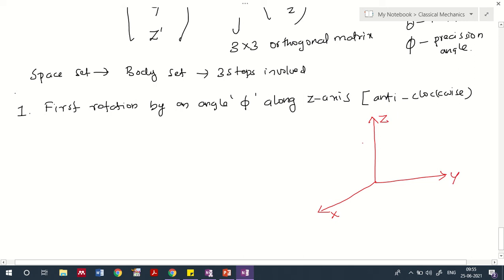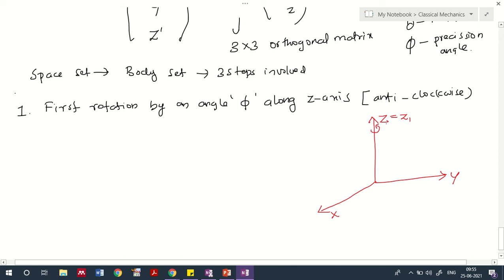Now we are rotating by an angle phi along the z axis, in the anti-clockwise direction, and we say that z will be equal to z1. What z1 means is the change to the body axis direction. So the first change will be z1, then z2 and z3, a successive rotation.